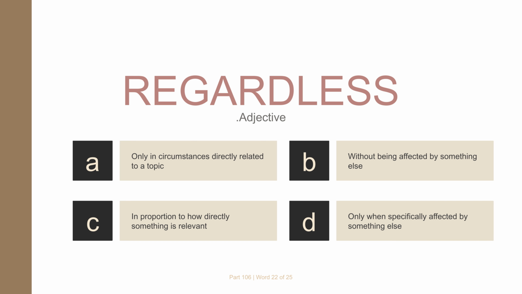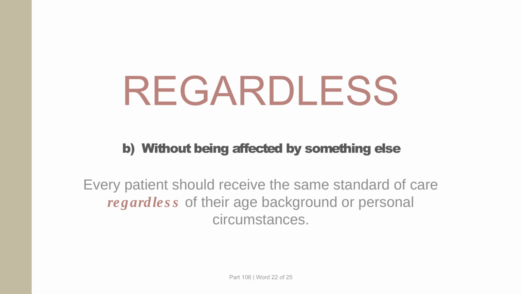Option D, only when specifically affected by something else. Correct answer, option B. The correct meaning of regardless is without being affected by something else. Example: every patient should receive the same standard of care regardless of their age, background, or personal circumstances.